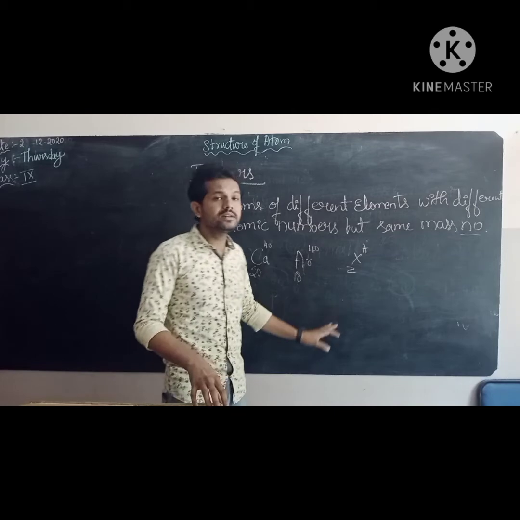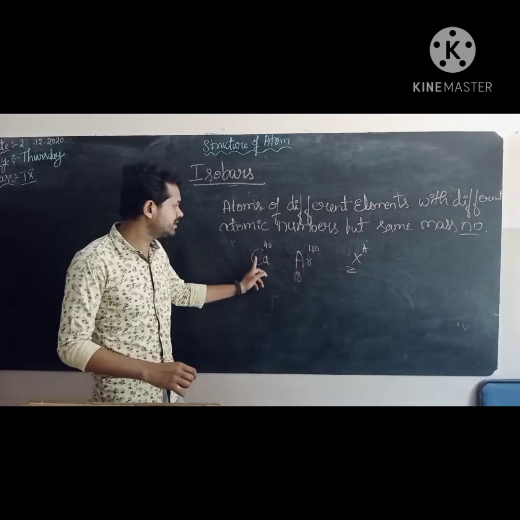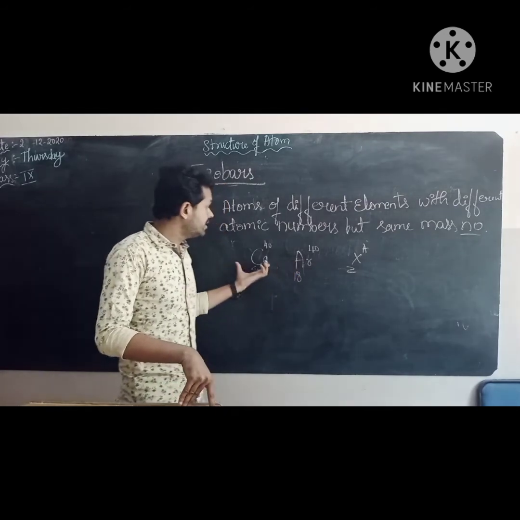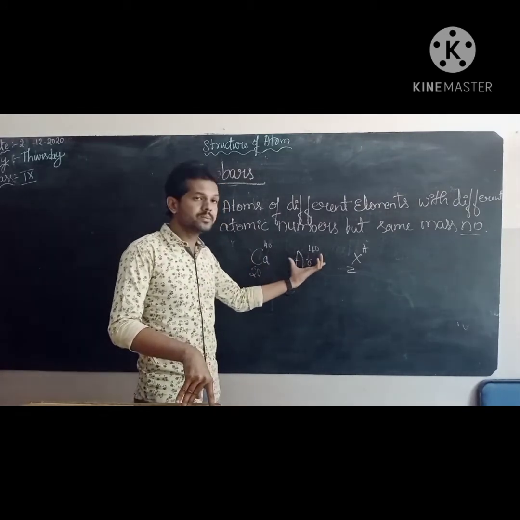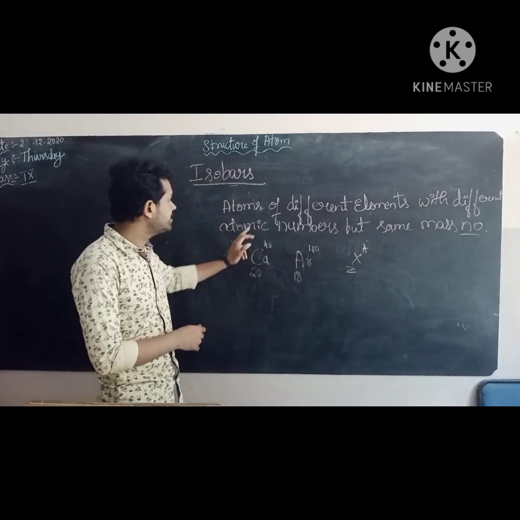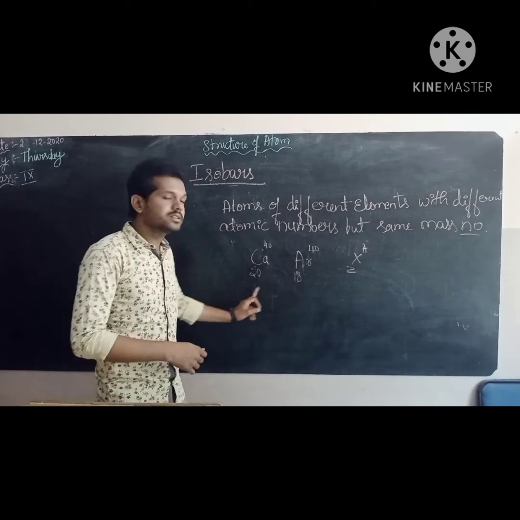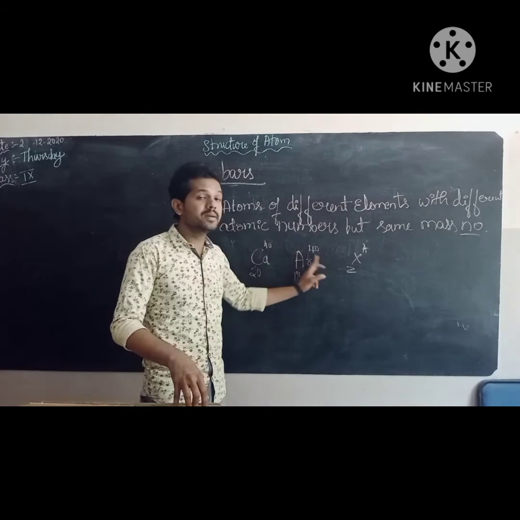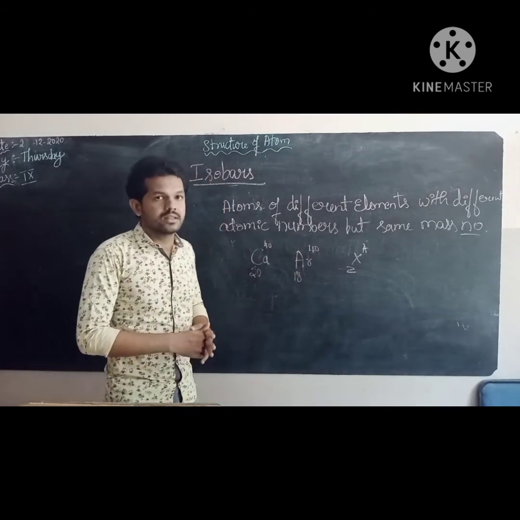Isobars is nothing but atoms of different elements. See, here we can see the calcium and we can see the argon. Different elements we have, and those different elements have different atomic numbers. You can see the differences in atomic number, but both are having the same mass number.